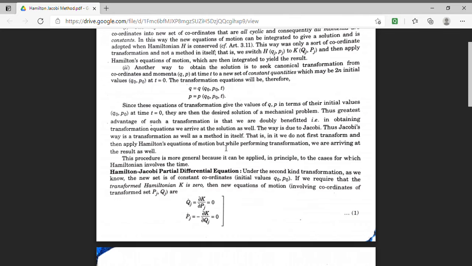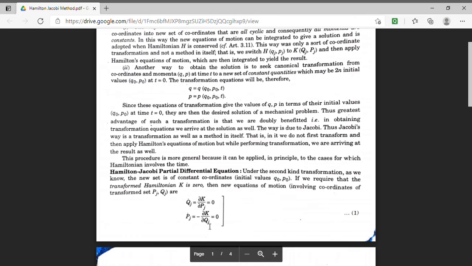Now we will derive the Hamilton-Jacobi differential equation, in fact, partial differential equation. We know that there are 2n Hamilton equations. Hamilton's equations are Qj dot equal to del K upon del Pj and Pj dot equal to minus del K upon del Qj. These are my Hamilton equations of motion.